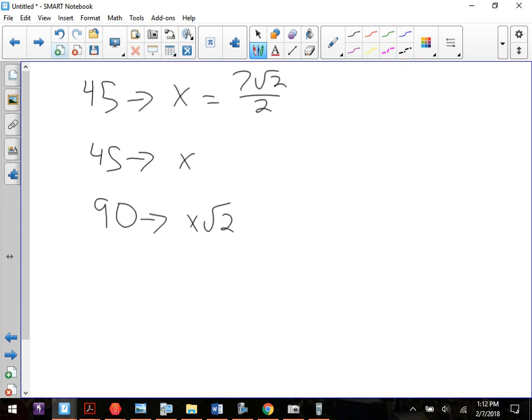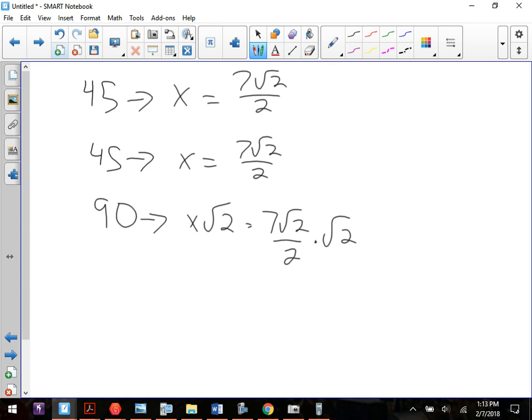I write that junk down. That junk has to be 7 root 2 over 2. And the only weird one you have to worry about is the last one. 7 root 2 over 2 times the square root of 2. Which means you literally type it into your calculator how it's written.